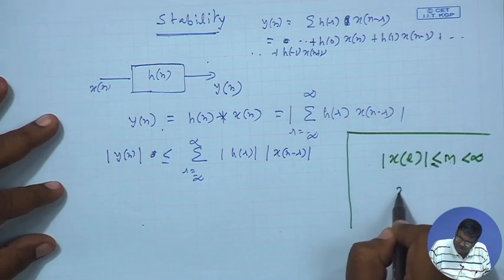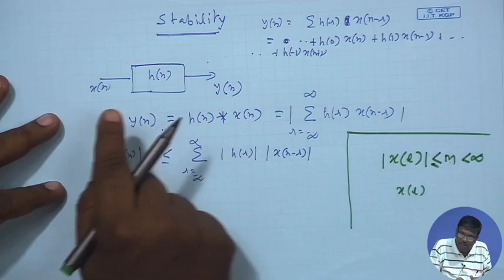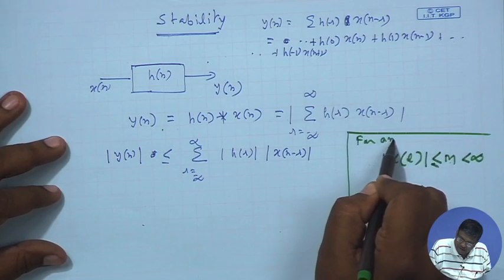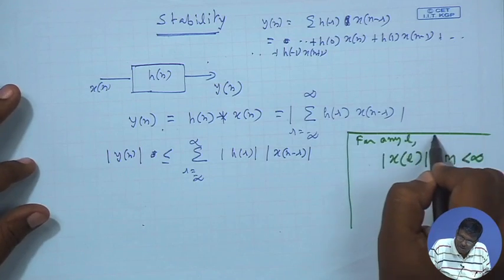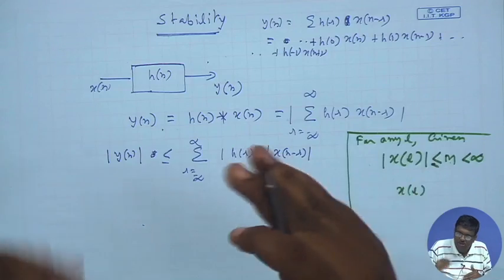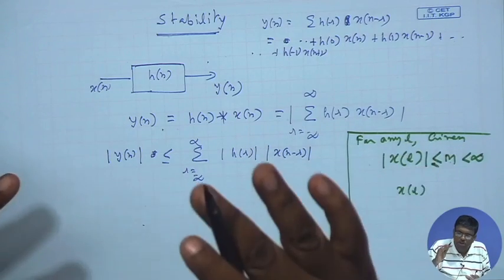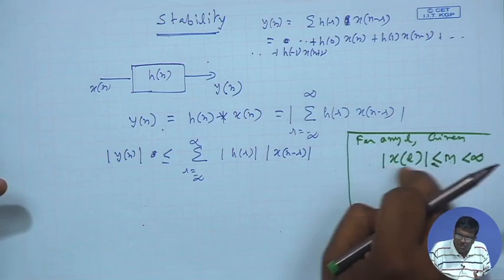So, that means x of L for any L, any index, not only one sample, is given to us: every sample has a magnitude within some range, that is, the magnitude is bounded. Magnitude is always positive or 0; if the number is 0, its mod is 0.